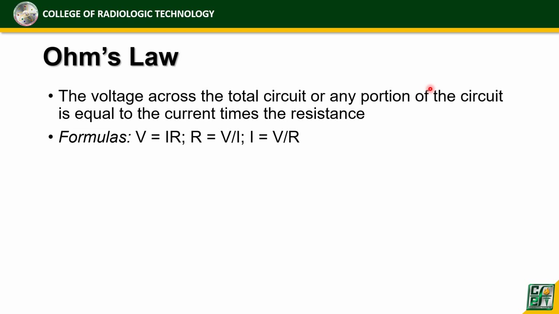Okay, the voltage across the total circuit is equal to the current times the resistance. Diba? Kapag alam mo yung formula, ito lang yung formula. So, the voltage across the total circuit or any part of the circuit is equal to the current times resistance.